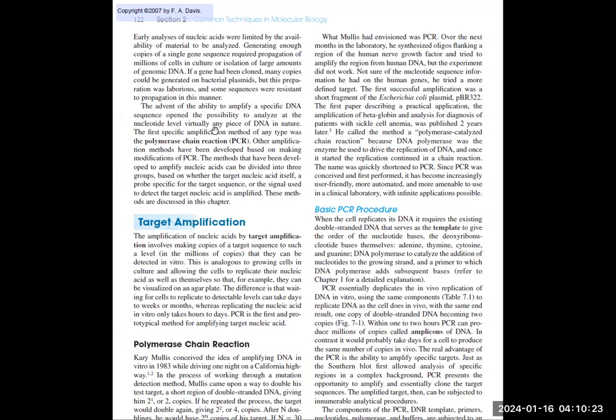Amplification techniques can be categorized based on whether they amplify the target nucleic acid, a specific probe, or the signal used for detection. Target amplification involves creating millions of copies of a specific nucleic acid sequence for in vitro detection.